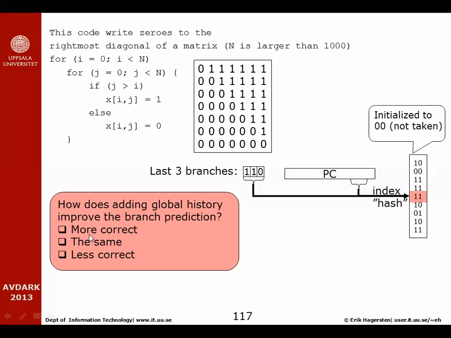So the correct answer is that it will indeed get more correct. And the number of mispredictions you will have here is roughly going to be 2n instead of 4n as before. And the intuition to why that is, is that when you come to the point in time when you change the value, okay, so you make a prediction, you're going to make the wrong prediction here.